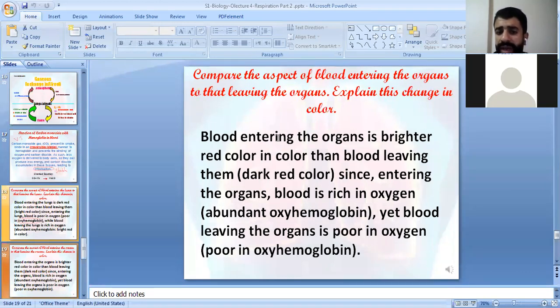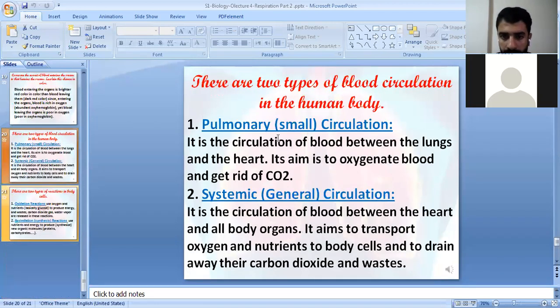Blood entering the organs is bright red in color, while that leaving the organs is dark red, since the blood entering is rich in oxygen, meaning we have oxyhemoglobin in abundant amount, while the organs use the oxygen, so the blood leaving will be poor in oxygen and poor in oxyhemoglobin.